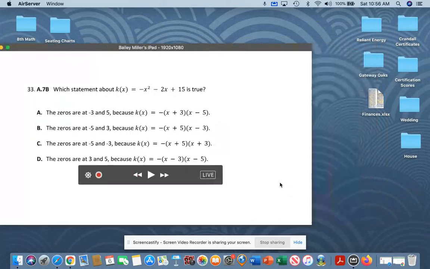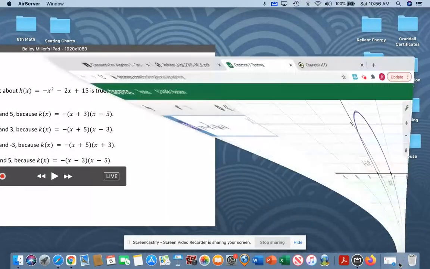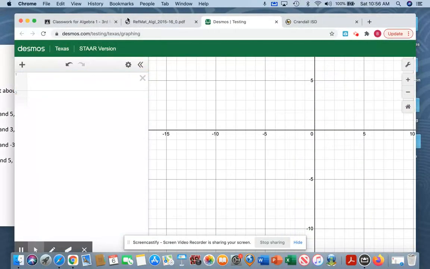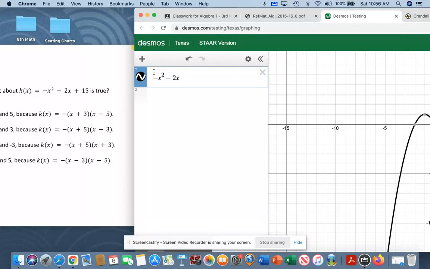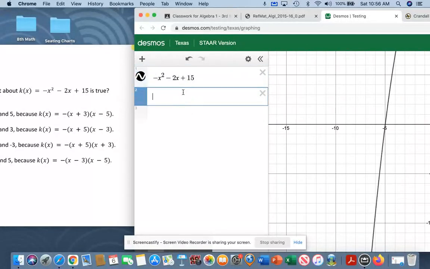So you could plug in your original x squared minus 2x plus 15. And then we can plug in the other one, which is answer choice A, x plus 3 and x minus 5.